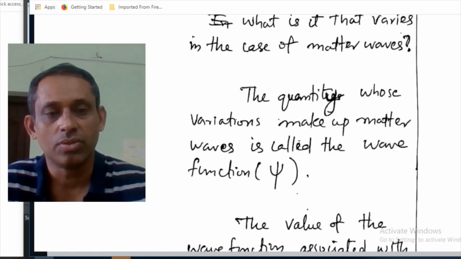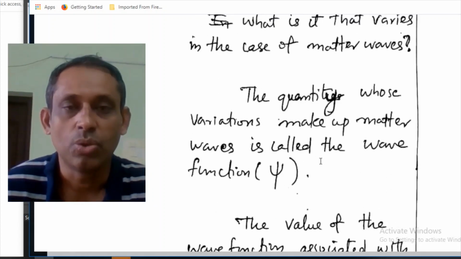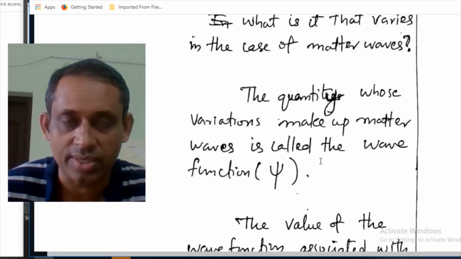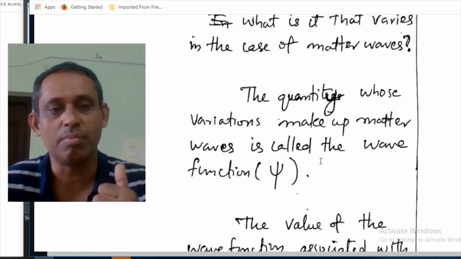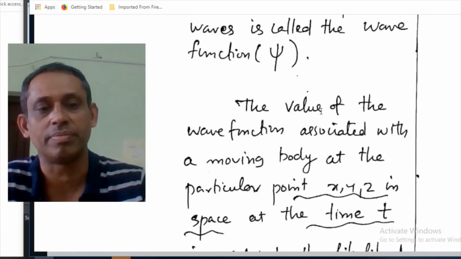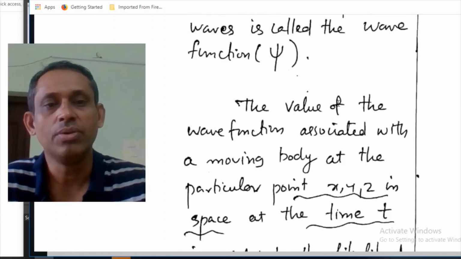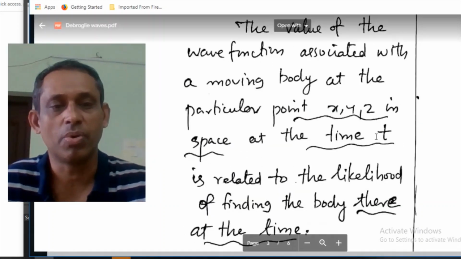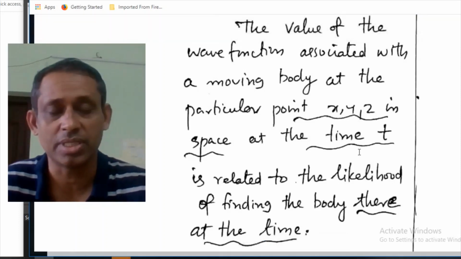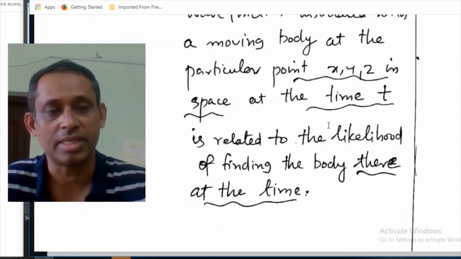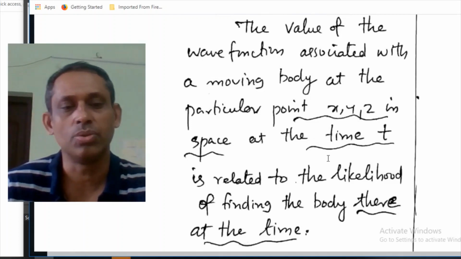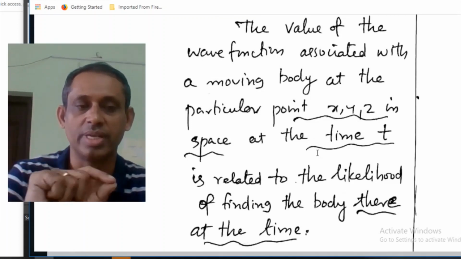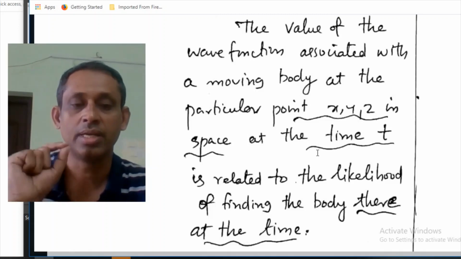The answer is that the quantity whose variations make up matter waves is the wave function. The value of the wave function associated with a moving body at a particular point in space, represented by x, y, z, and at a time t, is related to the likelihood of finding the body there at that point x, y, z and at the time t.